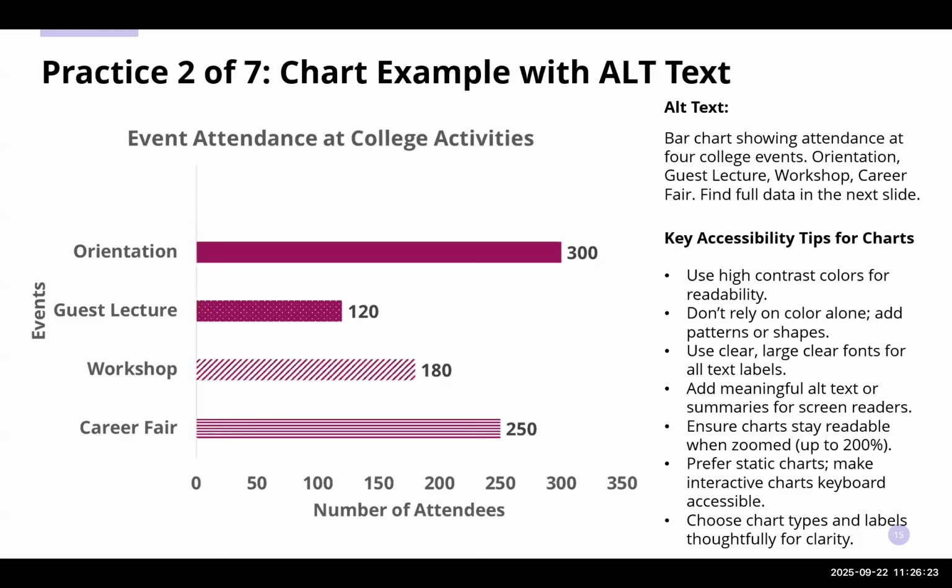Since this image contains a lot of detailed information like number of participants in multiple events, it can be too much to include all at once in alternative text. So that is where there's an option to find the detail as mentioned. You won't be seeing the full data here.